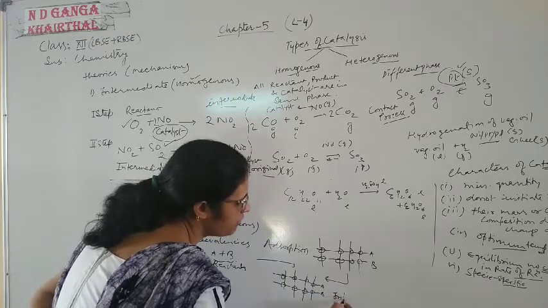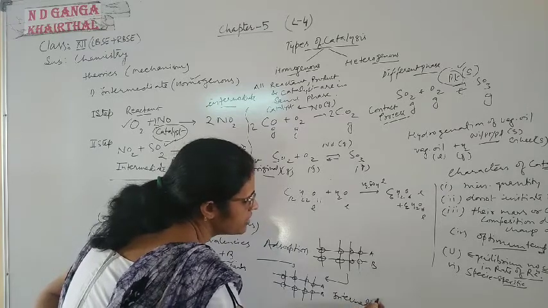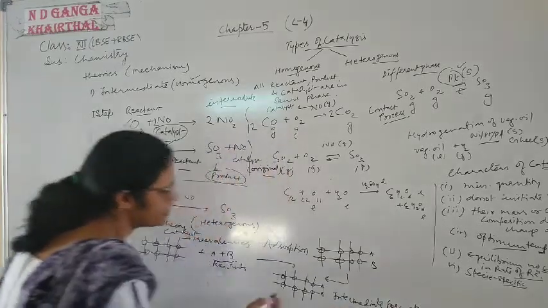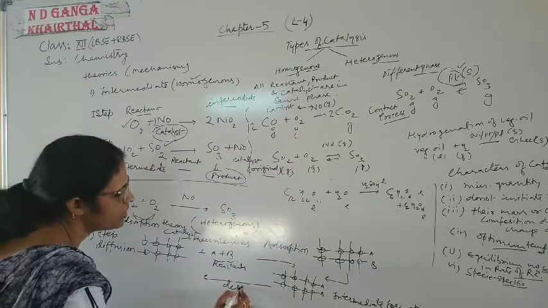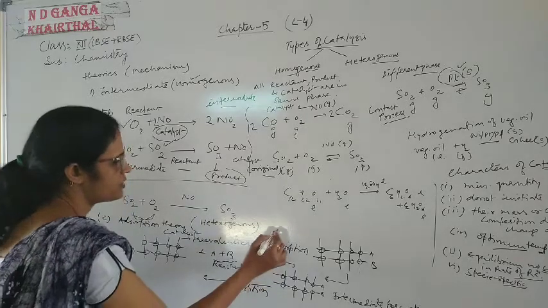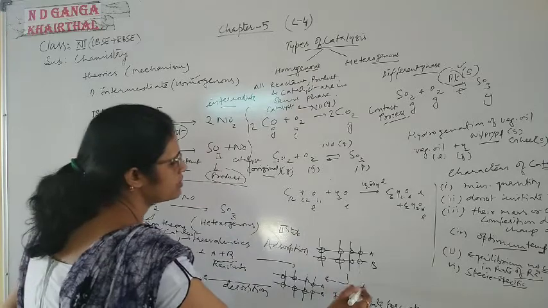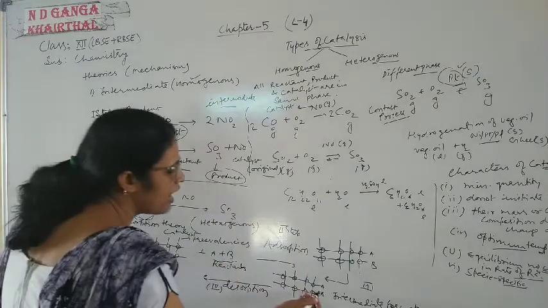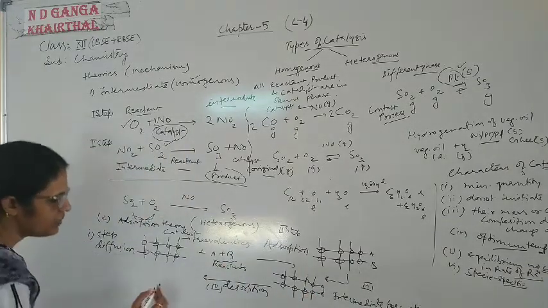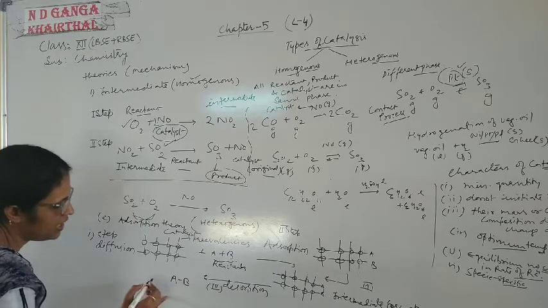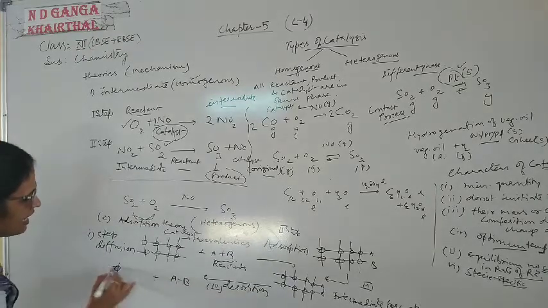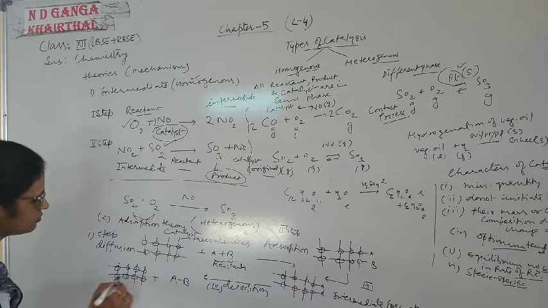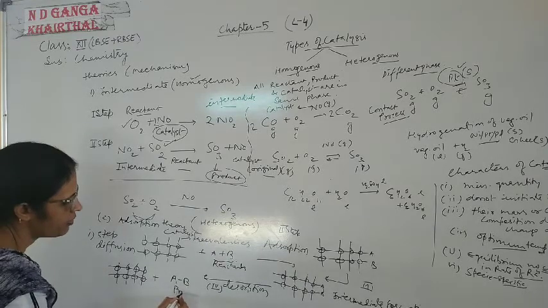So here intermediate formation takes place, and then desorption takes place. This is the second step, this is the third step, it is the fourth step. Desorption means this intermediate forms another AB, and the catalyst itself is removed in its original form, and this is the product.